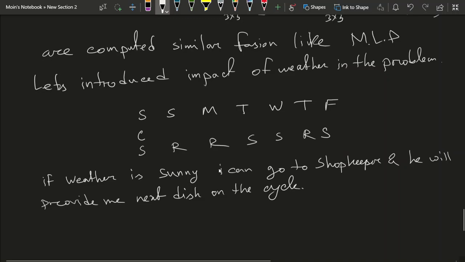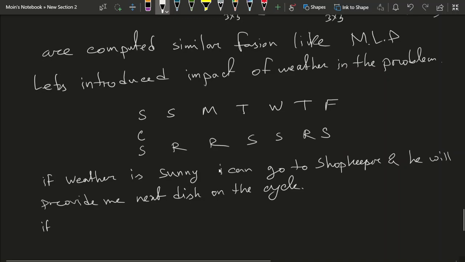Because I went to the shopkeeper, he asks me what I had on the previous day, and he will prepare or cook for me the next meal after the one I had previously. So that's why if the weather is sunny, I can reach the shopkeeper.